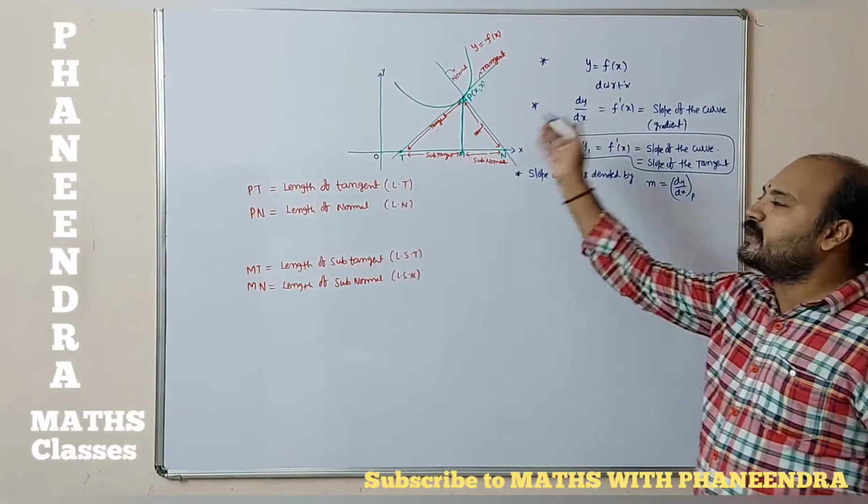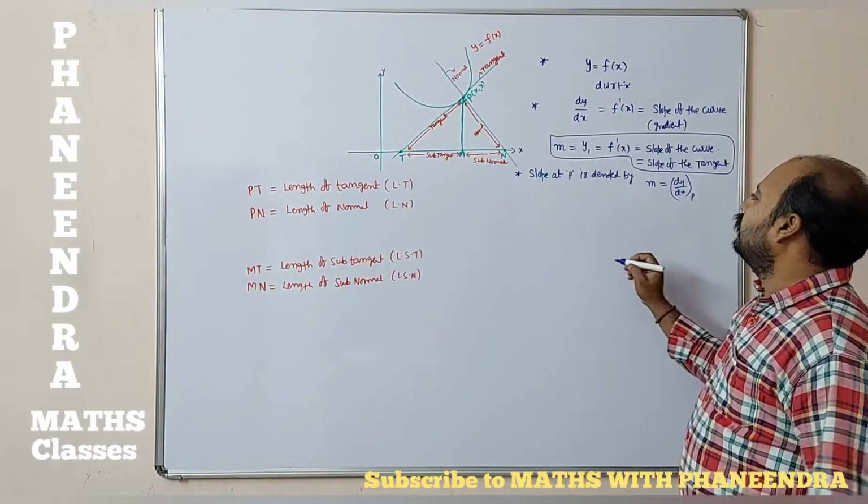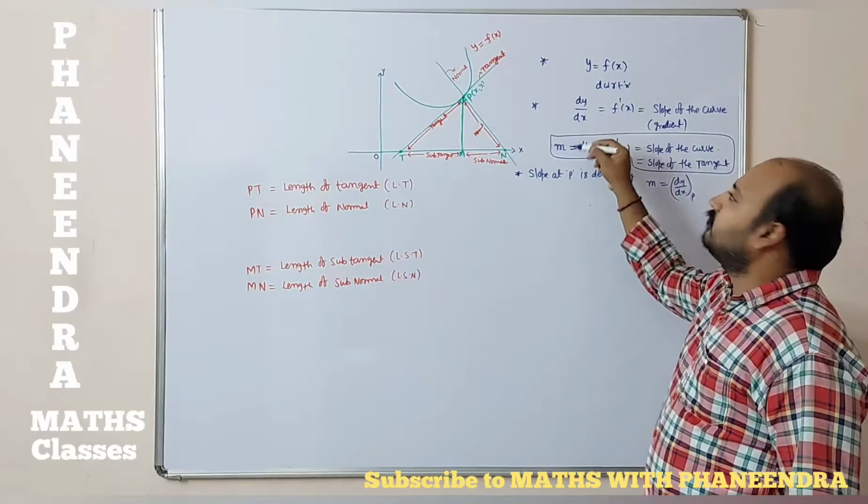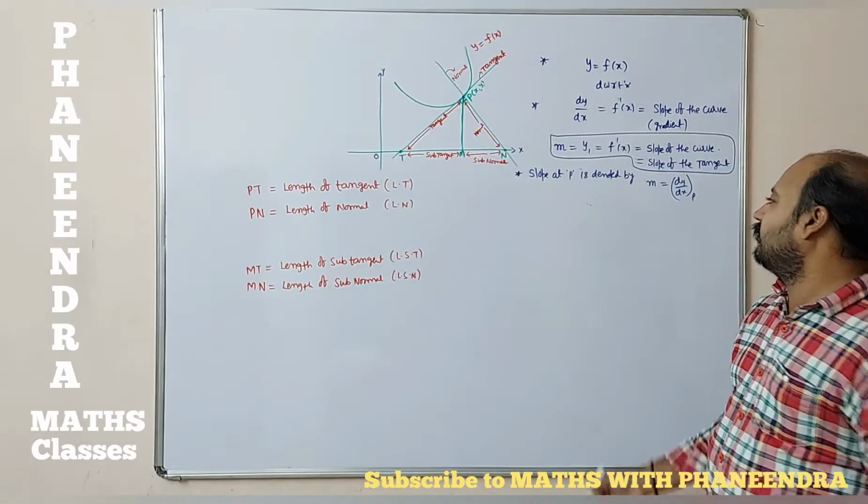Next, equation of tangent and equation of normal also you need to know that information. Y1 is a derivative of the curve indirectly. Slope of the curve is derivative.